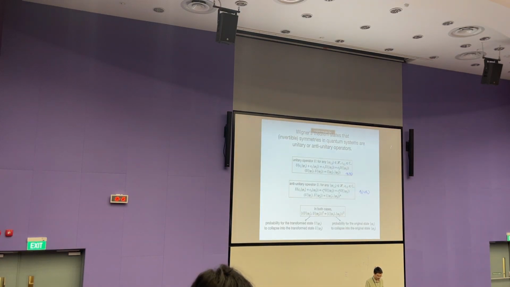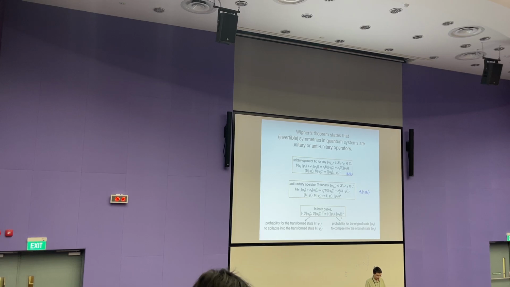In both cases here, the absolute square of the inner product of 2 vectors doesn't change. No matter whether we take the complex conjugation, this equation still holds because we are taking the absolute square. Let's look at the right-hand side first.